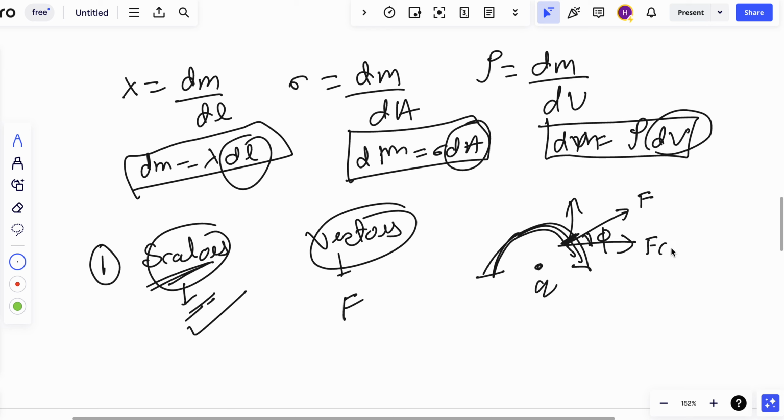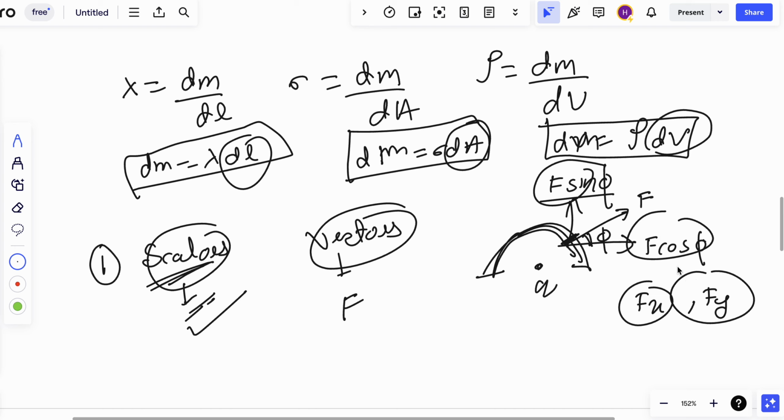So this will be F cos phi, this will be F sin phi. So you need to find both of these, Fx and Fy, right? So wherever there are vectors, we need to find both sin phi and cos phi.